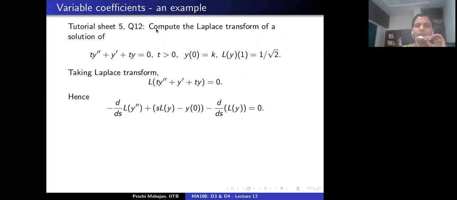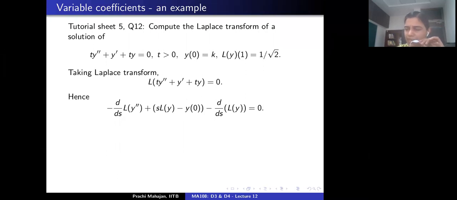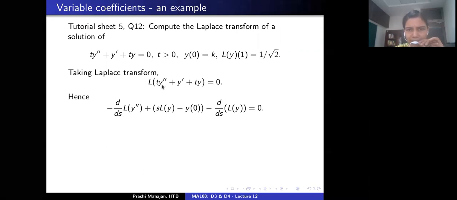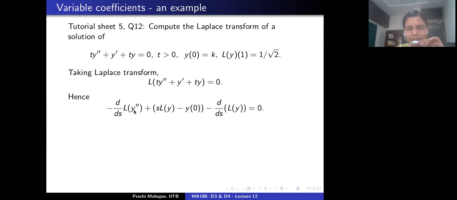Now what is this? I am going to use the following fact: differentiating the Laplace transform corresponds to multiplying the original function by minus t. So when I consider the Laplace transform of t times the second derivative of y, I will have a negative sign, and I take the Laplace transform of the second derivative of y and differentiate it with respect to the s variable.